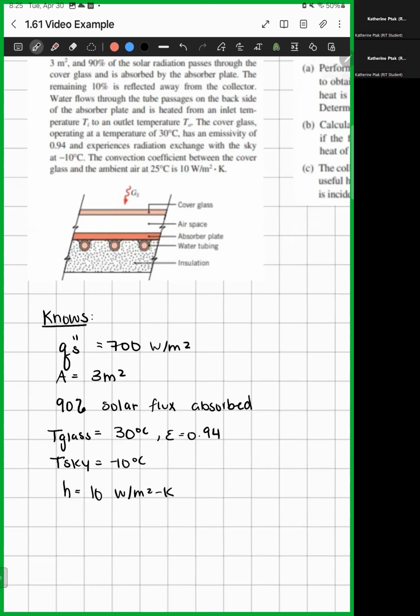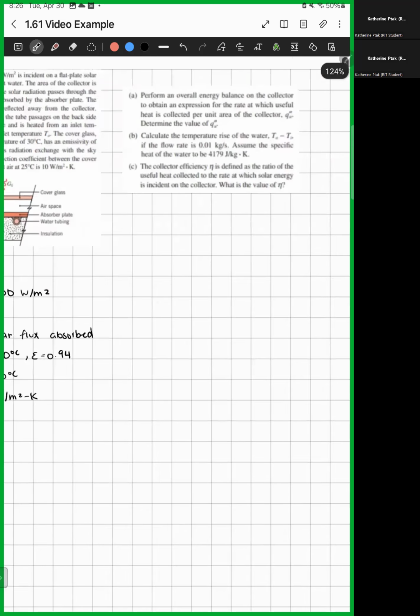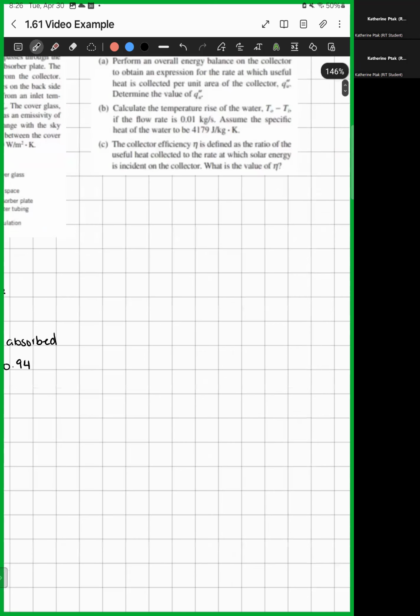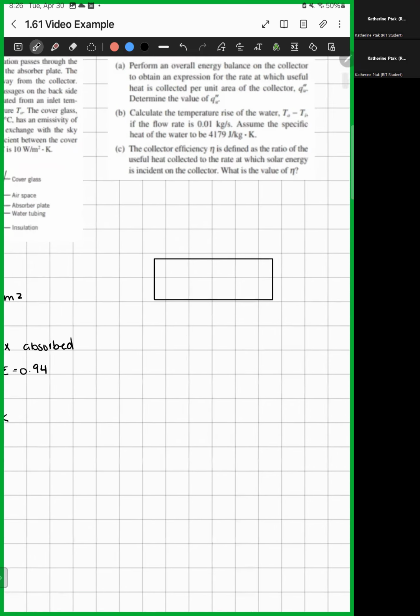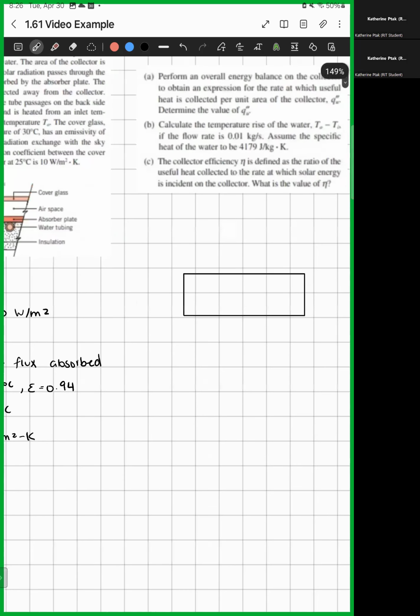Just to give you a little picture, because when I first looked at this problem I was a little confused, and it's totally fine if you are as well. We have an image very similar to this, and I am going to draw the control volume around it.